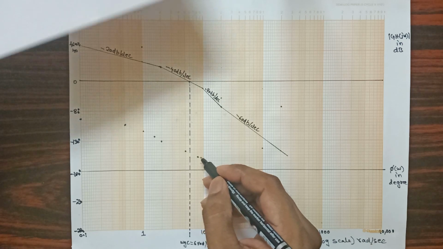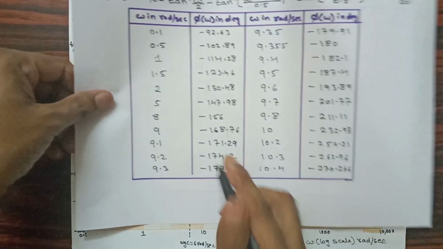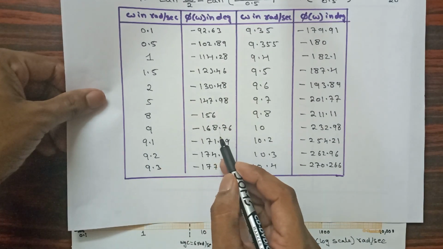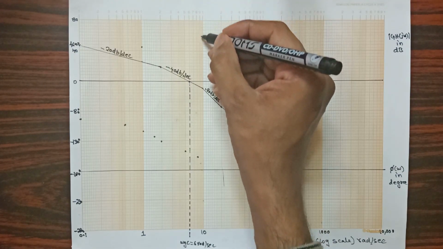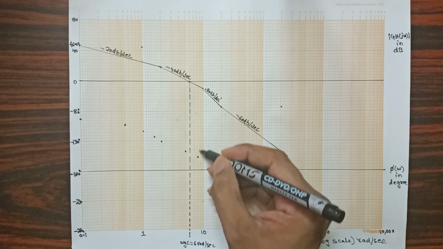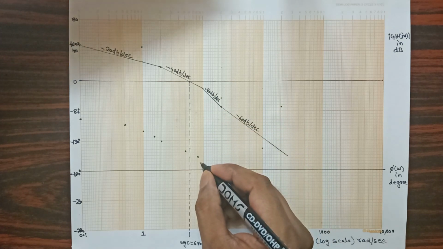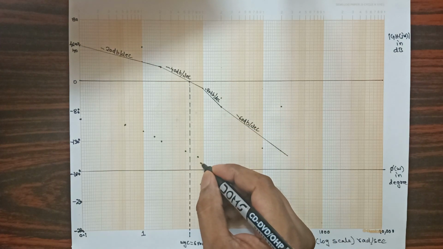And next for 9 you can see here I am getting minus 168.76. At 9 I have marked here minus 168.76.